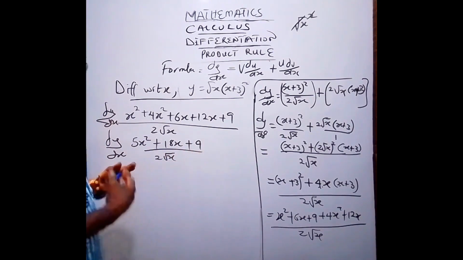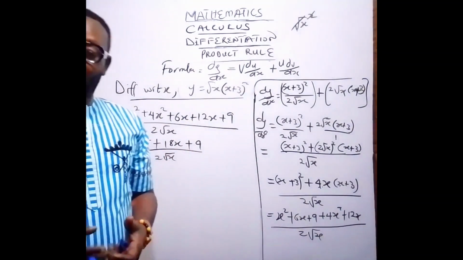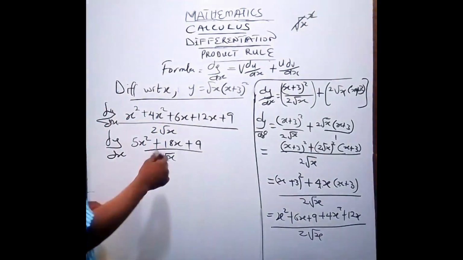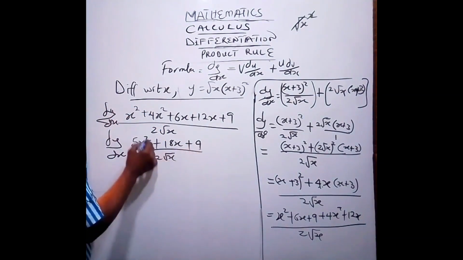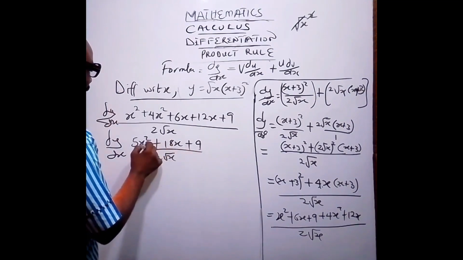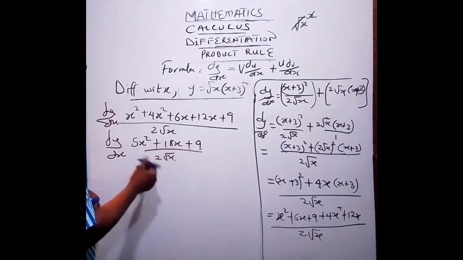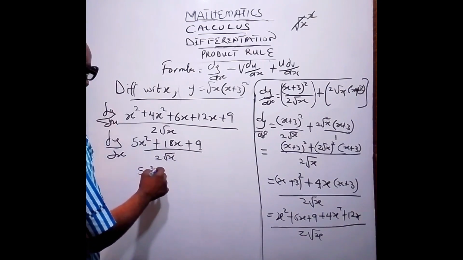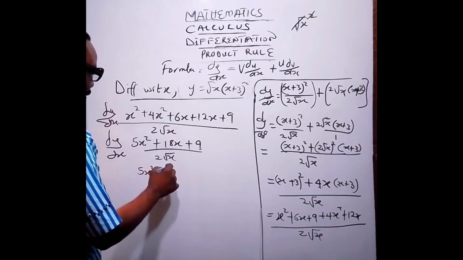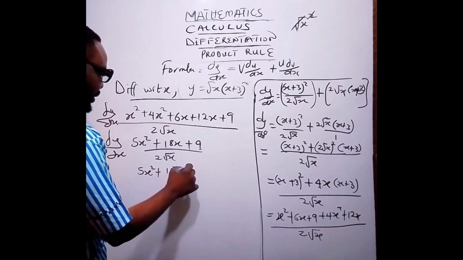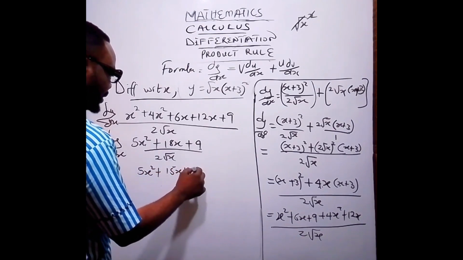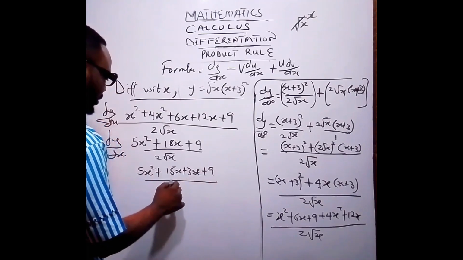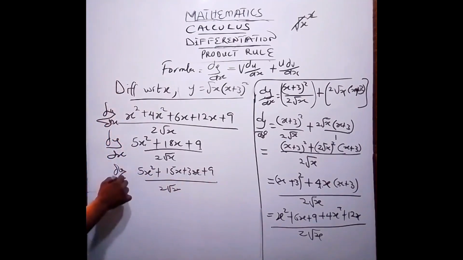We can simplify it as well. So, how do we simplify it? We have 9 times 5 is 45. So, we are going to have 5x squared plus 15x plus 3x plus 9 over 2 root x. That's the dy/dx as well.